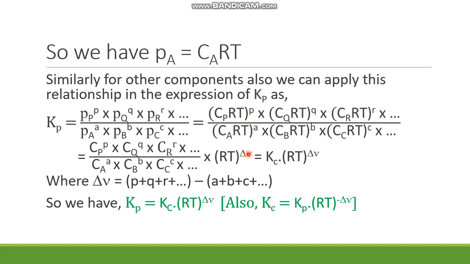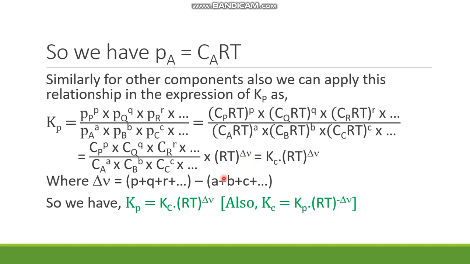So delta nu: it is nu, it is not V. It looks like V, but this is a cursive V, the Greek letter nu. When you write it in your copy with your pen, move the cursor like this and this. That is nu.